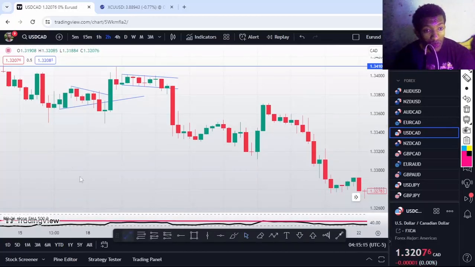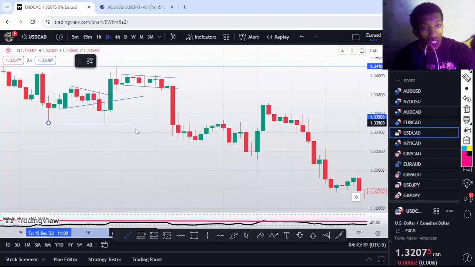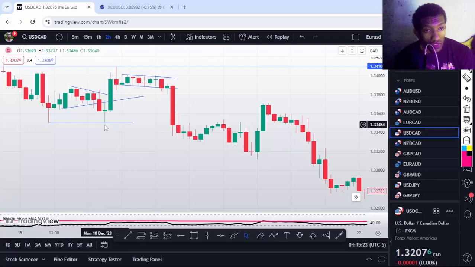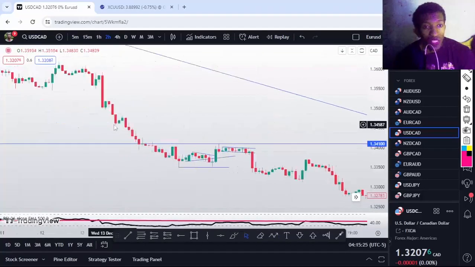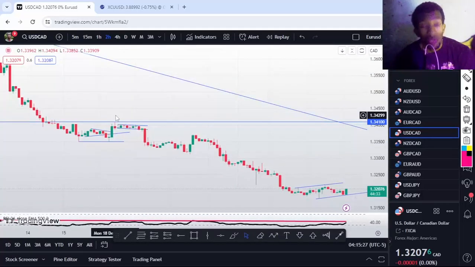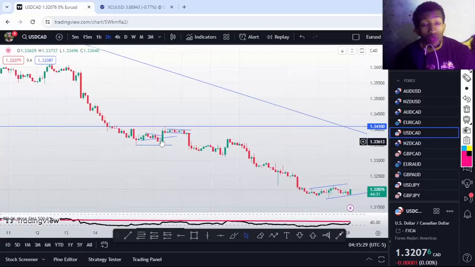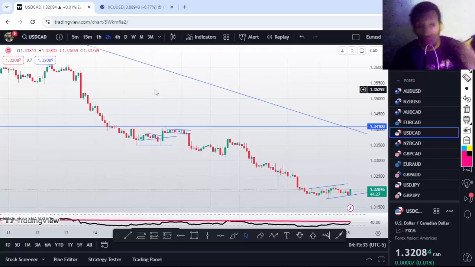Why? Because if the price breaks this straight line, hold shift to make it straight, and melts, this is a sure way of knowing that the price will melt down and continue going down.